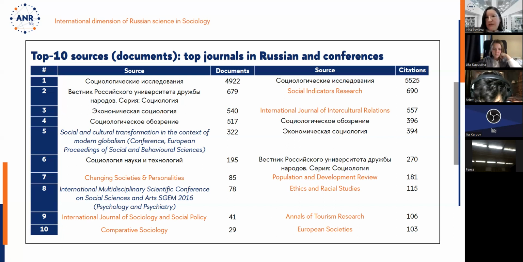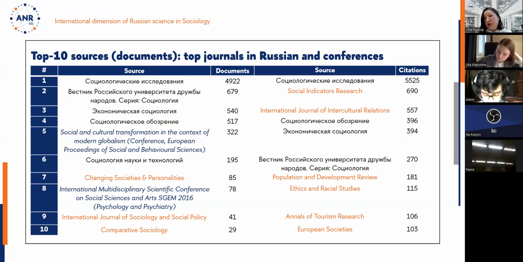So we see that basically the top sources by number of documents are in Russian. In terms of the first part of this slide, this is very important: position 5 and position 8 are conference proceedings, which were published sometime around 2015 to 2016.